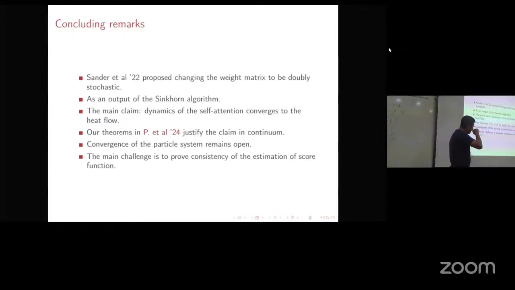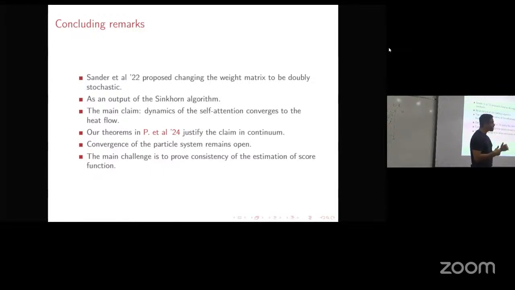What was this paper by Sander, Ablin, Blondel, and Peyré doing in transformers, and how did they get into Schrödinger bridges? If you know anything about transformers, there is this attention matrix, and this attention matrix is a stochastic matrix, right? And your dynamical system moves by looking at this attention matrix and then moving forward.